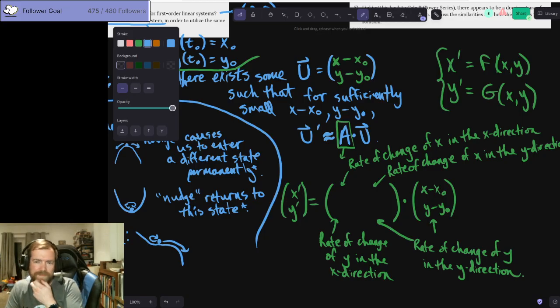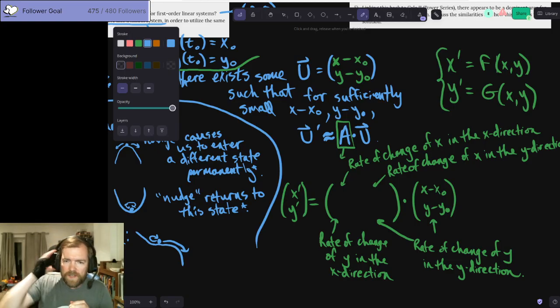I guess I'm just not seeing how we can get these cross terms. For the rate of change of x in the x direction, I guess I want to plug in x equals x naught, y equals y naught to f.